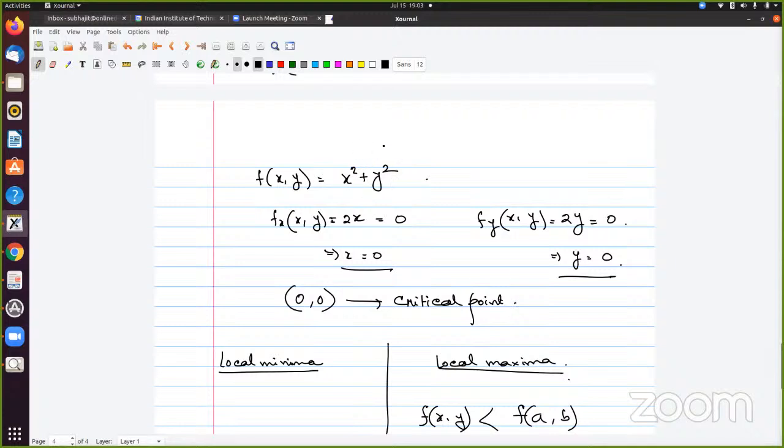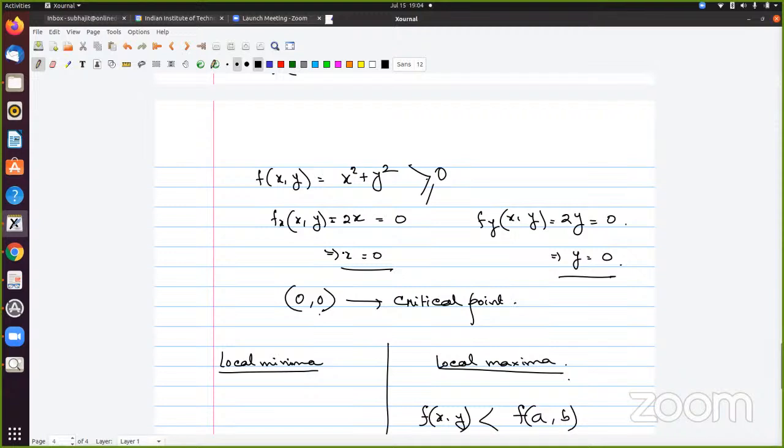For any value of x, y it is always positive or equal to 0. It is only equal to 0 when it is 0 comma 0. Otherwise, it is always positive, because it is the sum of squares of two real numbers. So it cannot be negative, and at 0 the value becomes 0. So this is actually the global minima, hence the local minima.